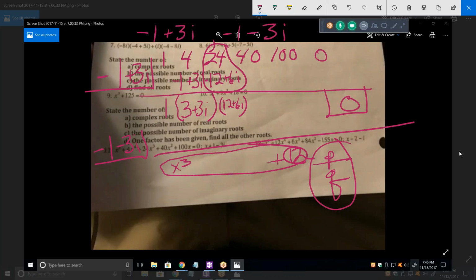Yeah. And the denominator, if that's a 1, then at least there that's only plus or minus 1. But you still have those other 8 factors, and you need to test each one of them until you actually find one of the factors. Yeah. Once you find that, you do another synthetic division and come up with a quadratic.